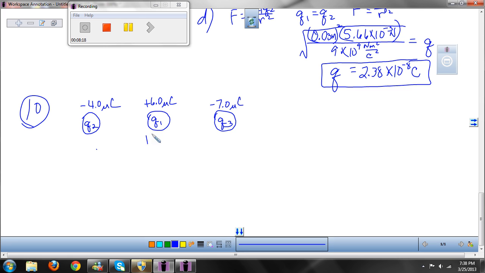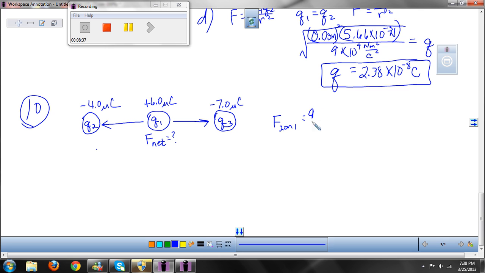They want to know the net force on this little vessel here. Well, it looks to me that 2 would be pulling 1 to the left. 3 would be pulling 1 to the right. So I'm going to have to subtract those because they're in opposite directions. I want the force of 2 on 1.